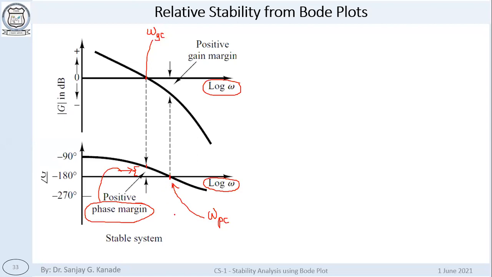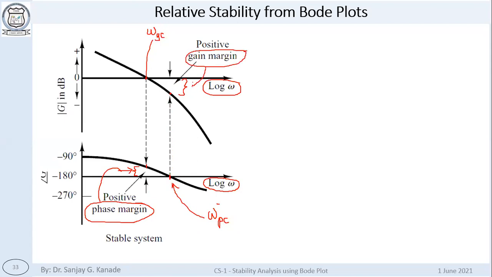Similarly, at omega PC, where the phase crossover is happening, draw a vertical straight line from that and see what is the gain at that particular point.